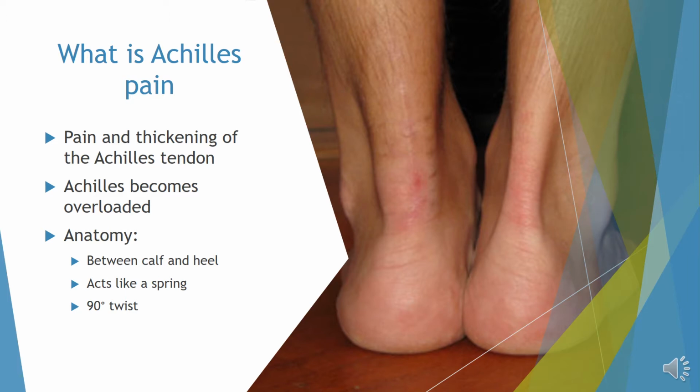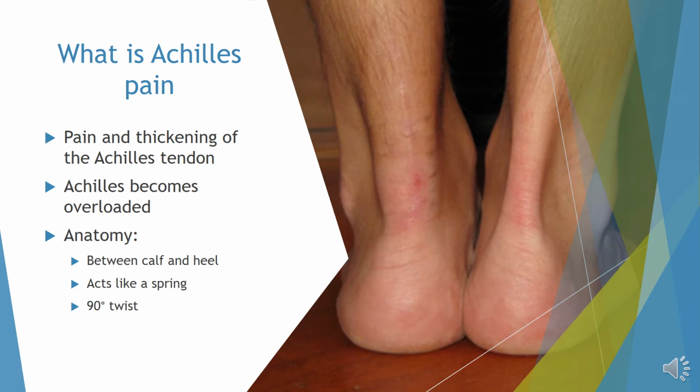Because the Achilles that's been overloaded, again in this case the left-hand one, can't cope with what's being asked of it, it increases its size to try and spread that force over a bigger area. Unfortunately it does that in a very rapid way, swelling quite thickly, and is associated with quite a lot of pain, particularly when the tendon is used.